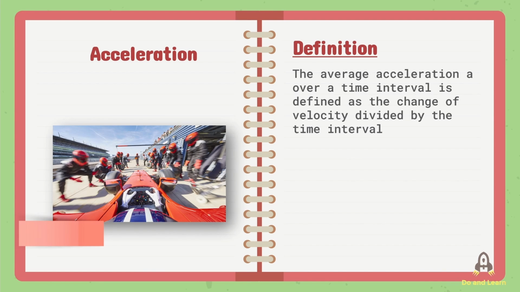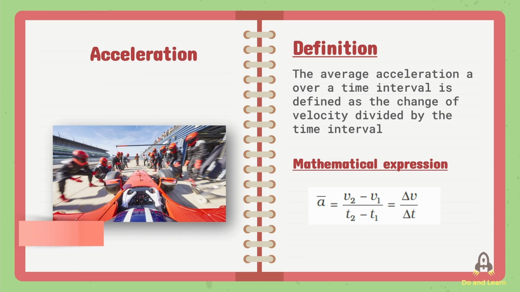Acceleration means the average acceleration over a time interval, defined as the change of velocity divided by the time. The mathematical expression is v2 minus v1 divided by t2 minus t1, which is equal to delta v divided by delta t.